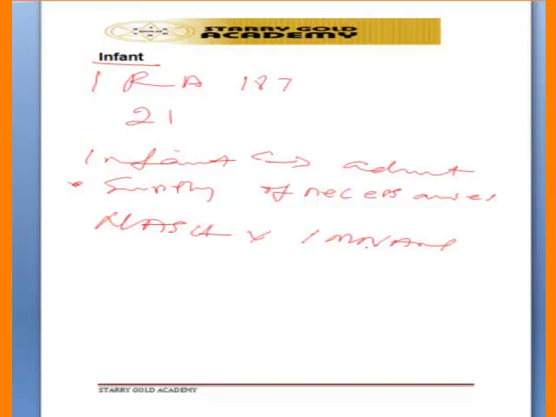And also, an infant has, let me put it this way, partial or limited contractual capacity to enter into a contract of apprenticeship. Limited contractual capacity. We have a contract of apprenticeship, and also a contract of marriage.